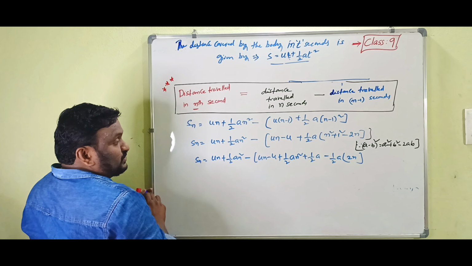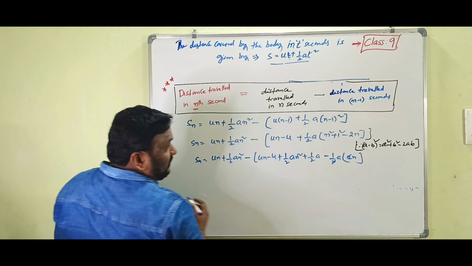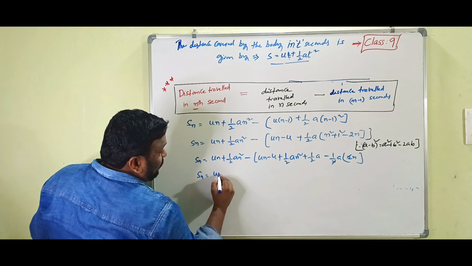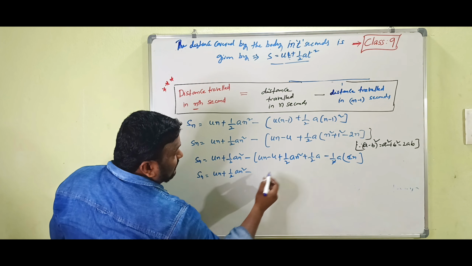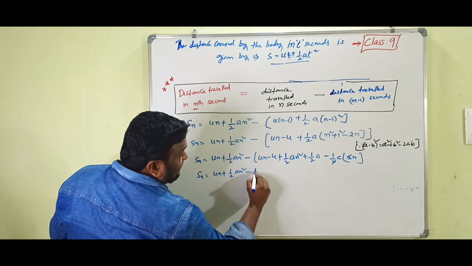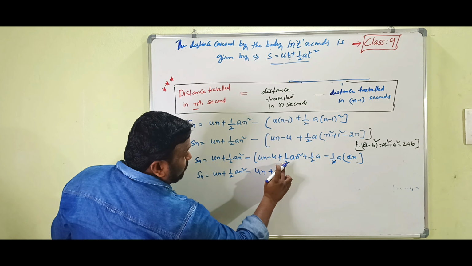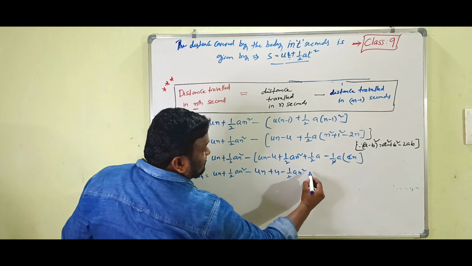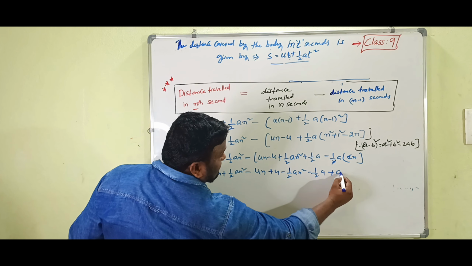Clear. So now the 2 cancels, and an is there. After that, un plus half an square, minus, taking inside, it becomes minus un, minus of minus plus u, minus of plus minus half an square, and minus of minus plus an.